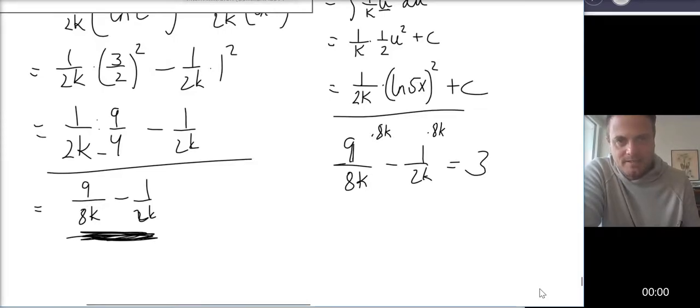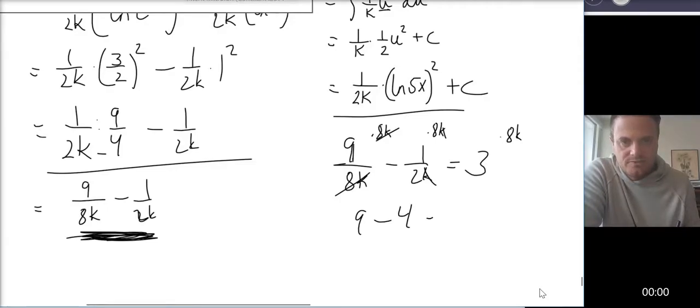I can multiply by 8k, okay? Then this will go away, and I will get k against k here, and get 8 divided by 2, which is 4, and here I get 24k. So I get 5 is equal to 24k, and then just divide by 24, and I get 5 over 24.